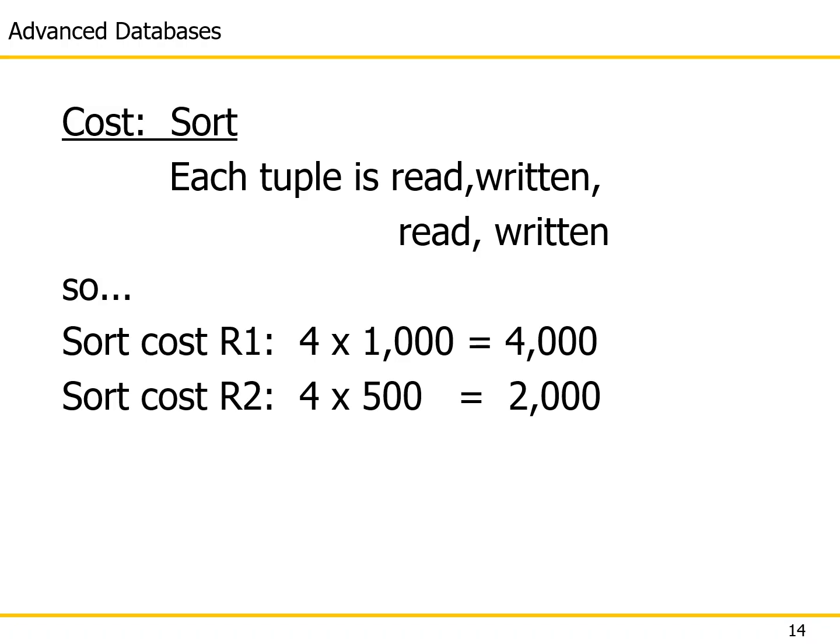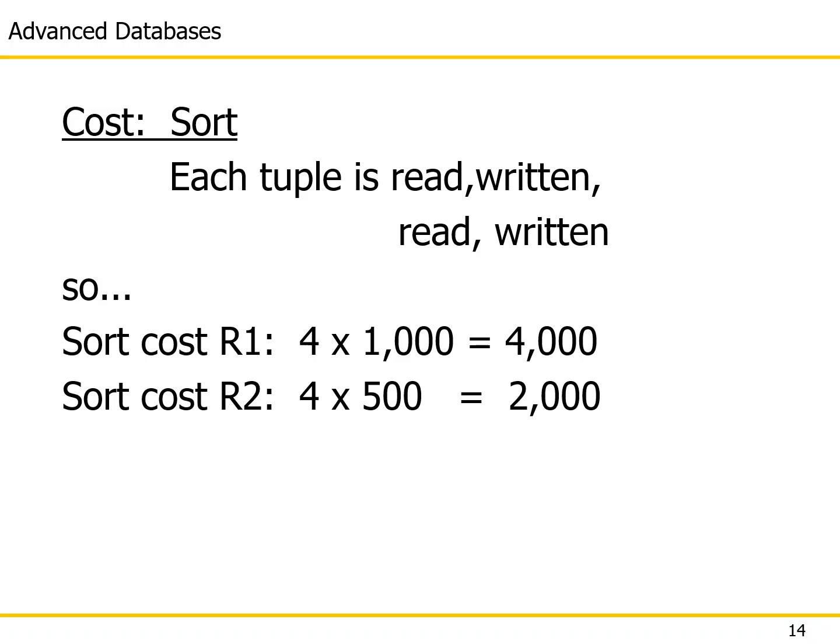I read it, locally sort it, write it to disk, then read it again to do the merge and write it back on disk. So 1 IO to read, 1 IO to write, 1 IO to read, 1 IO to write again. That's 4 IOs per page, so I will spend 4,000 IOs to externally merge sort R1, and 2,000 IOs to externally merge sort R2.